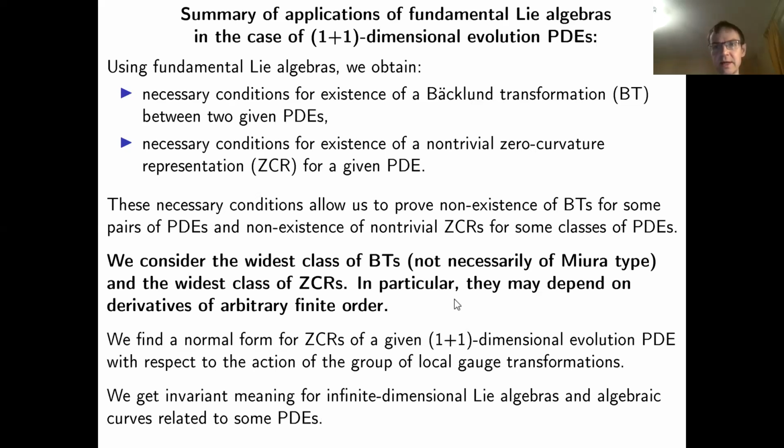So we fix a 1+1 dimensional evolution PDE and consider all zero curvature representations of it. One has the group of local gauge transformations acting on the set of zero curvature representations, and we find a normal form for zero curvature representations with respect to this action. Also, we get invariant meaning for some infinite dimensional algebras and algebraic curves related to some PDEs.